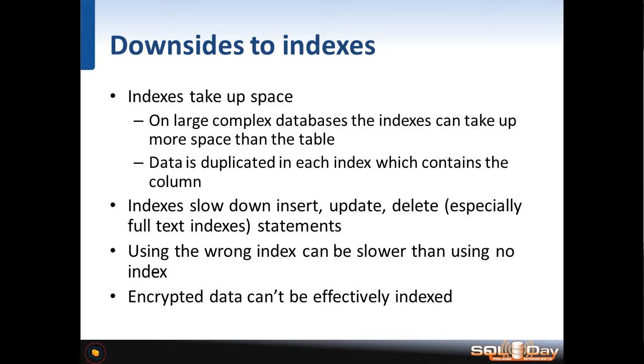So the reason using the wrong index can be so much slower is because we scan through or even seek through the wrong index, get some huge number of rows. Well, we now need to refilter those rows again. So SQL Server is going to have to resort that data and then run a filter operation against it. It may need to actually get more columns than are available in the non-clustered index we just looked at.